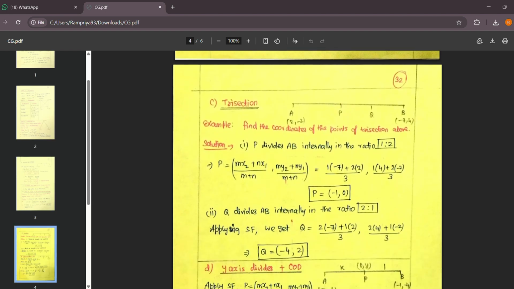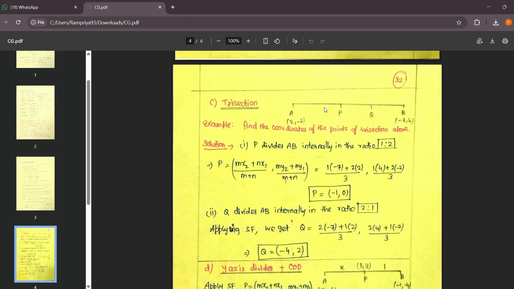And next is trisection, very important model of question. So they'll be asking you this: find the coordinates of the points of trisection. A coordinate will be given, B's coordinate will be given, and please remember this. Here the point P divides AB internally in the ratio 1 is to 2, and also point Q divides AB internally in the ratio 2 is to 1.